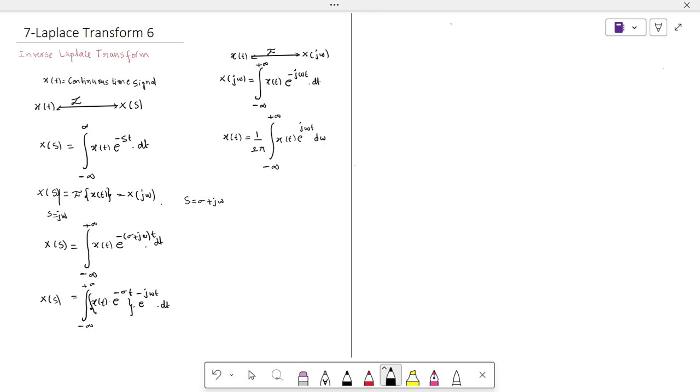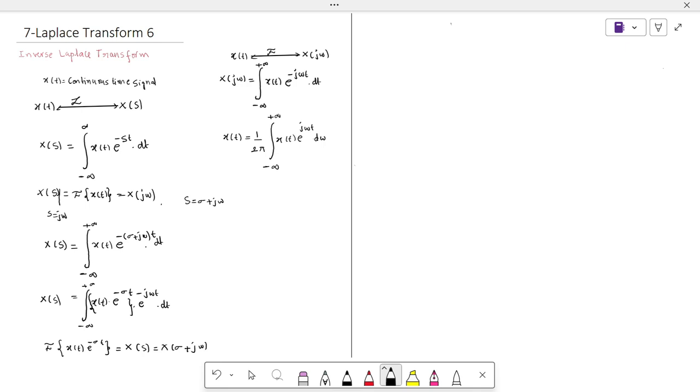The Fourier transform of x of t into e power minus sigma t is nothing but x of s.